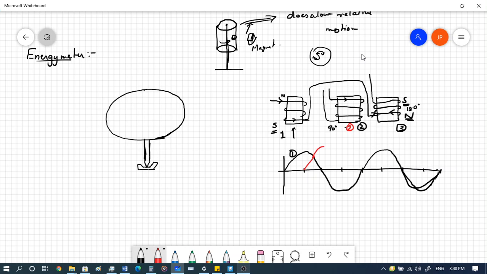This is maximum at, yeah. So this is at 2, and let's say this is 3, right? So 3 is having a 180 degree shift.